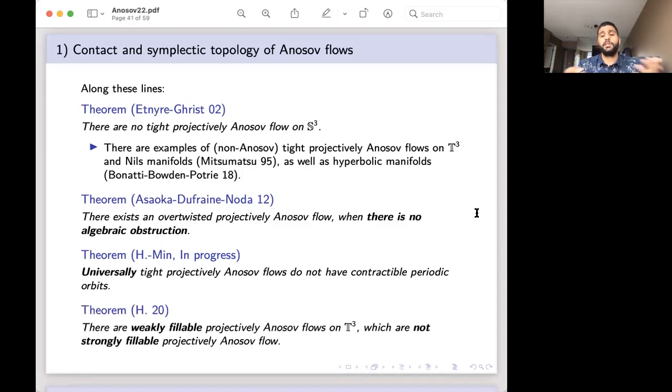And I should mention that in terms of this hierarchy that I showed you, similar to contact topology, you can ask about the properness of these inclusions. I can also give you examples on the torus. It's actually very easy to build examples on the torus which are weakly fillable projectively Anosov flows, but are not strongly fillable.